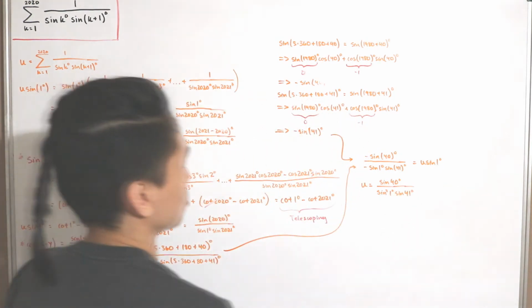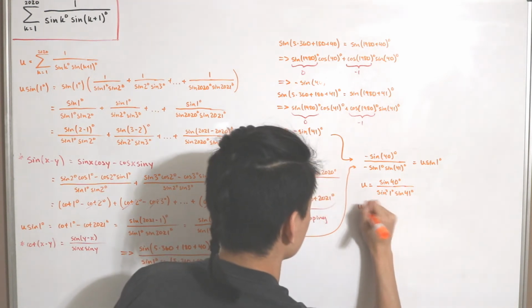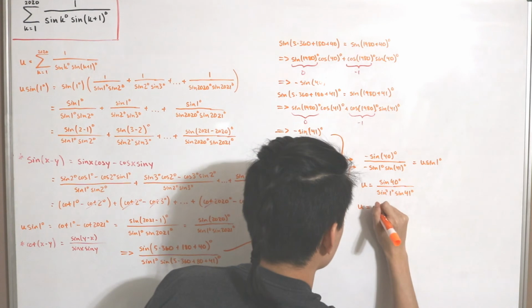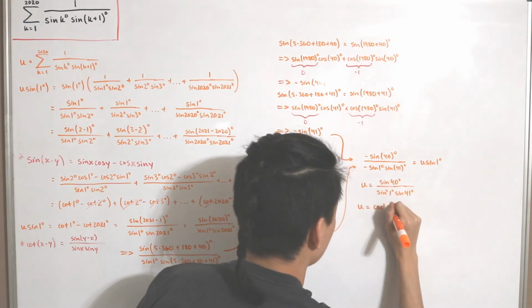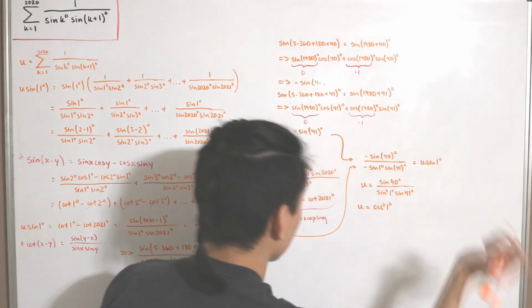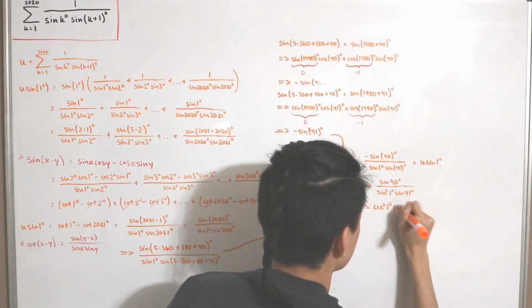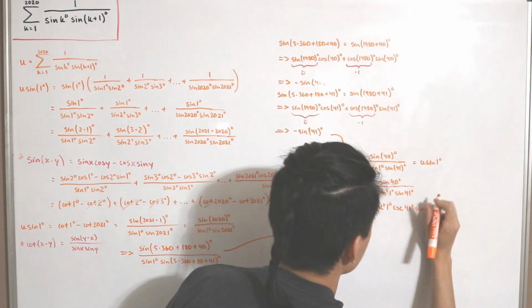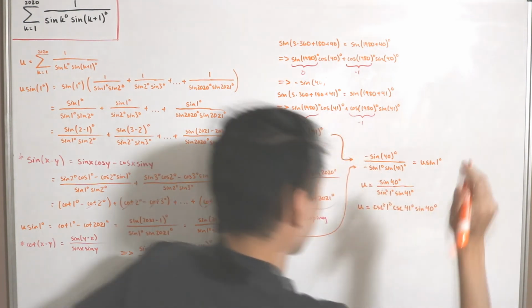Okay, and now to finish this up, let's use some trig laws to clean things up. One over sine squared of 1 degree is just cosecant squared of 1 degree, and 1 over sine of 41 is just cosecant of 41 degrees, multiplied by sine of 40 degrees. And there we have it.